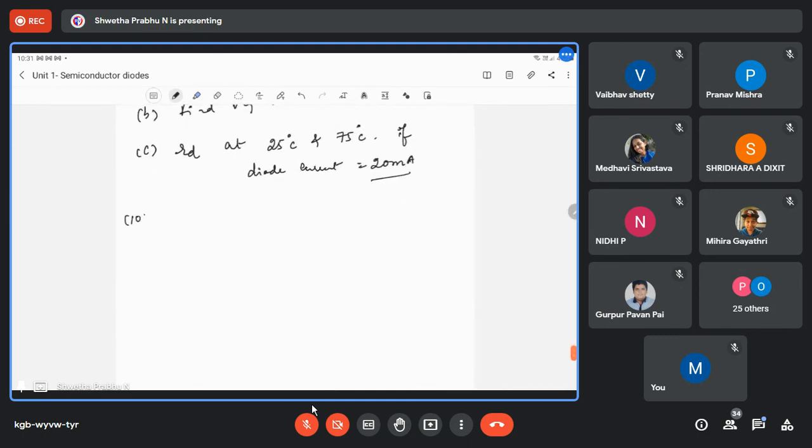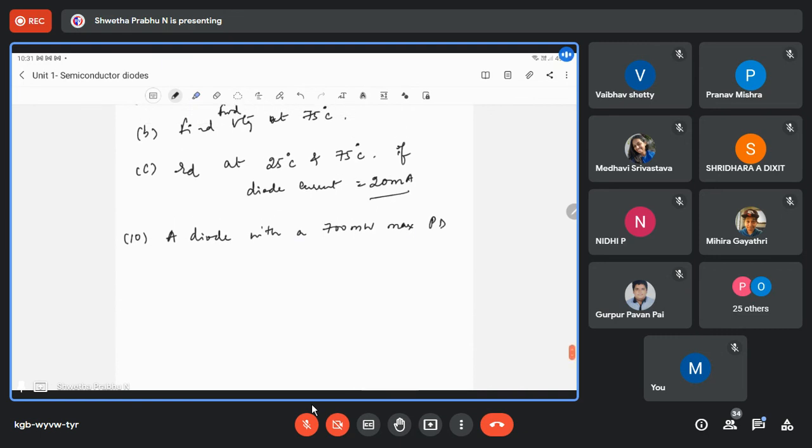Next question. A diode with a 700 milliwatt maximum power dissipation at 25 degrees centigrade has 5 milliwatt per degree centigrade derating factor.